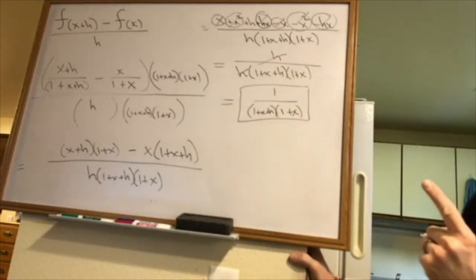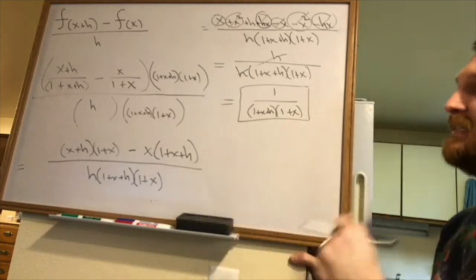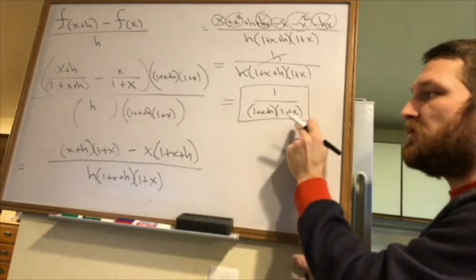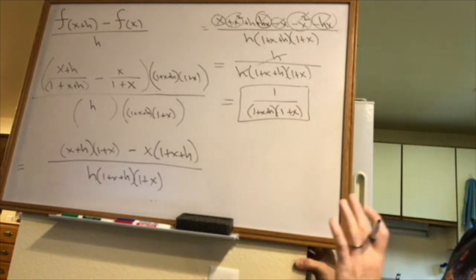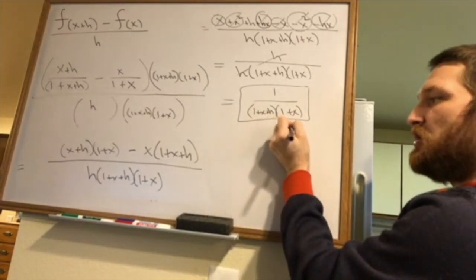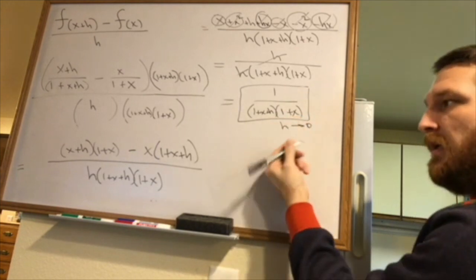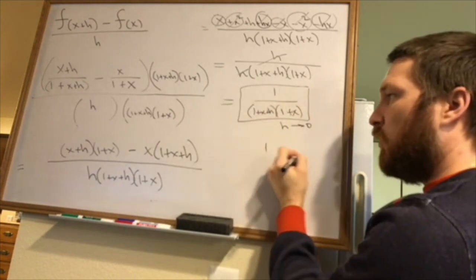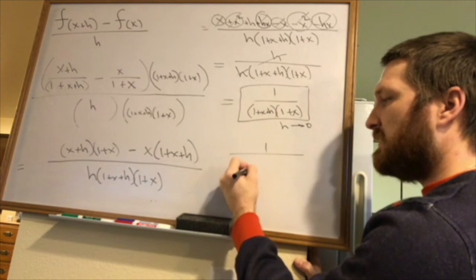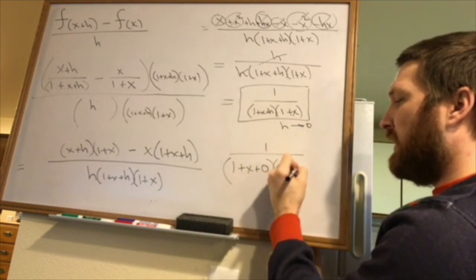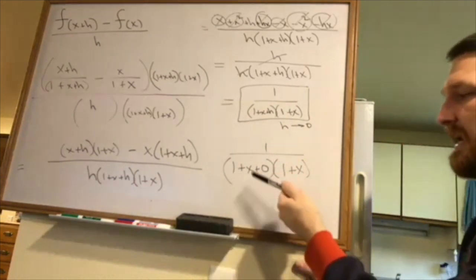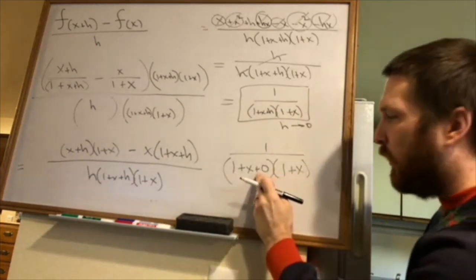But now we could take that next step, which you're going to do in calculus, which is, do we have a problem with letting h go to 0? Well, no, let's see what happens. If h goes to 0, then this thing goes to 1 over 1 plus x plus 0 times 1 plus x. 1 plus x plus 0 is just 1 plus x.